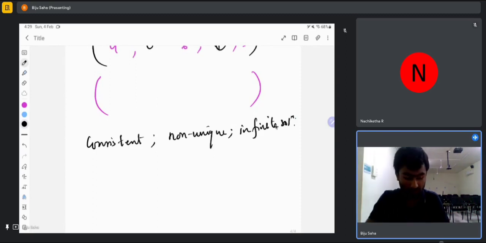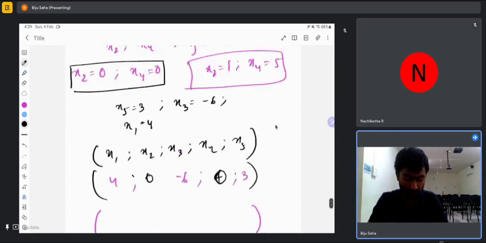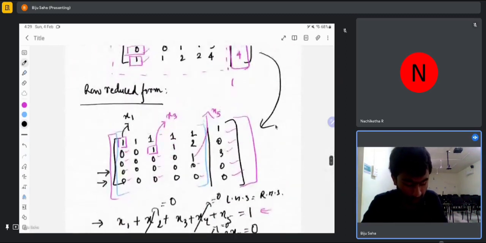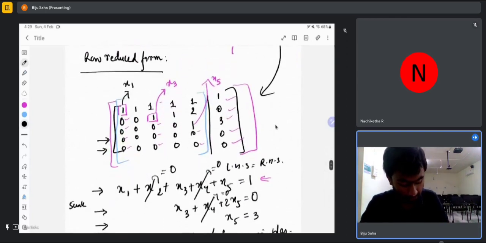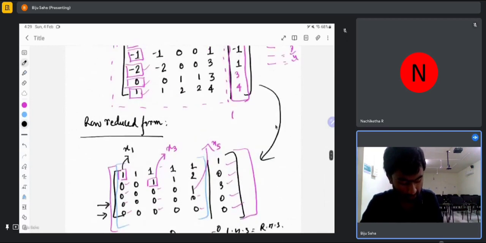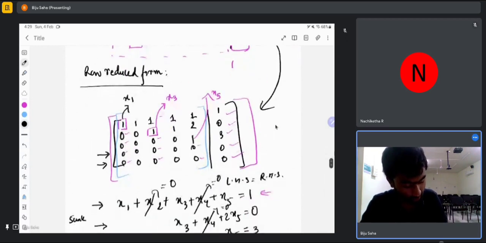Now when you look at this particular approach from the point of view of the rank of the matrix, what you get to see is that the rank of the augmented matrix for this particular equation is equal to 3, because there are 3 non-zero rows. And the rank of the coefficient matrix is also 3.